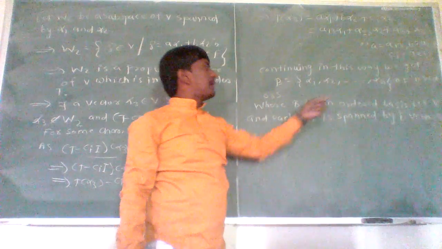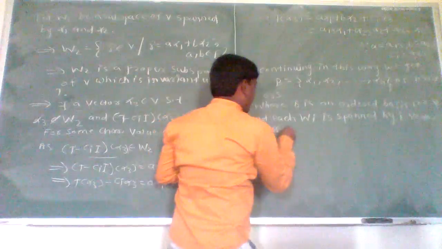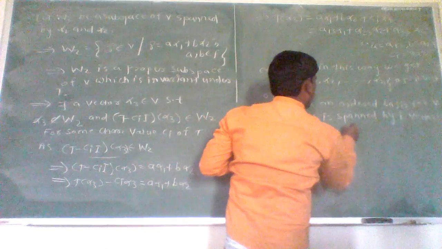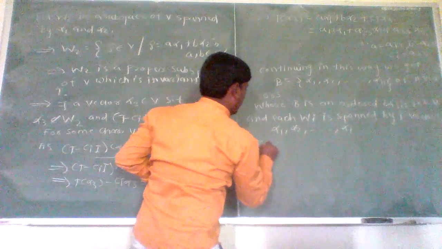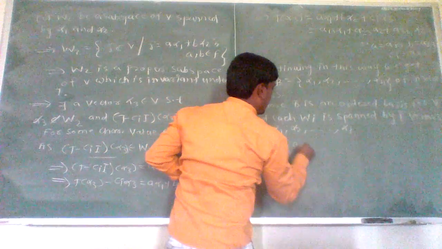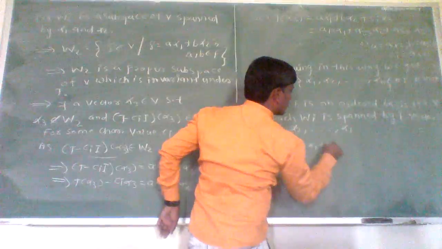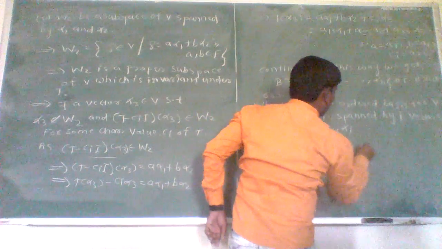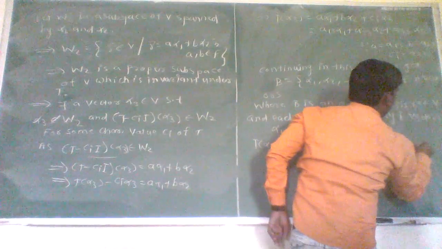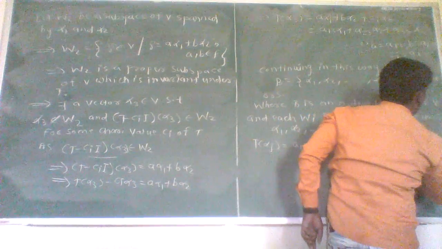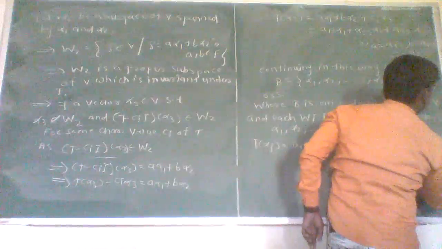Similarly, each Wi is spanned by i vectors, which are alpha 1, alpha 2, and so on up to alpha i. And T of alpha j is nothing but A1j alpha 1 plus A2j alpha 2 plus up to so on plus Ajj alpha j, where j is running from 1 to n.